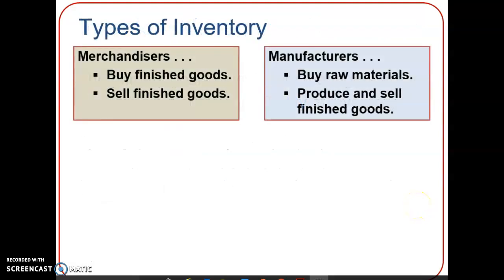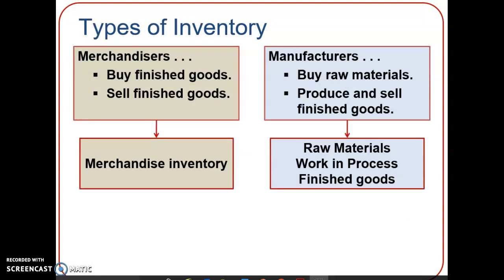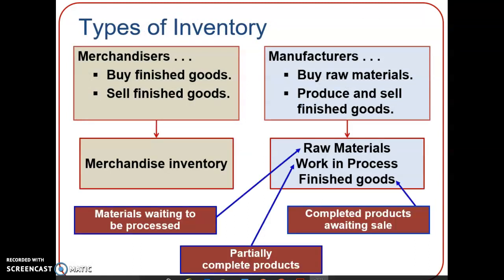Alright, different types of inventory, very quickly. This is not the focus of this chapter, but if we compare the two types of businesses I just mentioned, manufacturers versus merchandisers, in terms of inventory management, merchandisers are quote-unquote easier because they are in the business of purchasing finished goods and then selling those finished goods, hopefully with a markup.